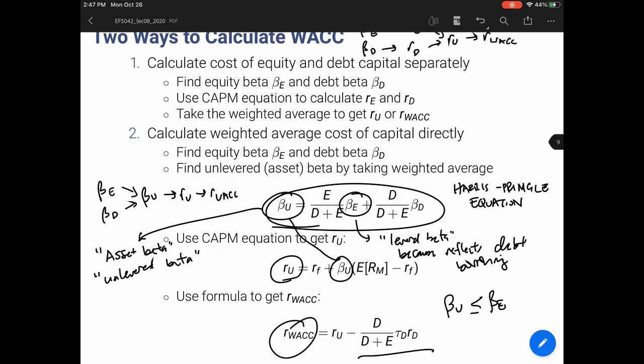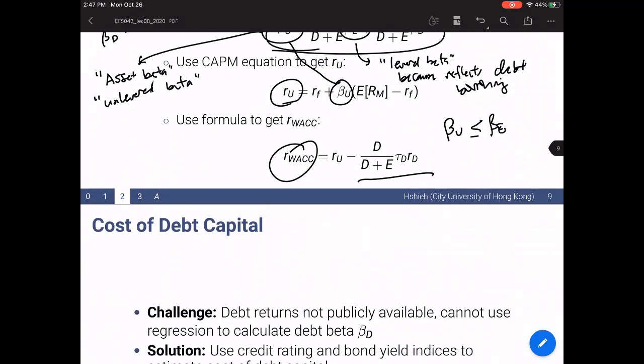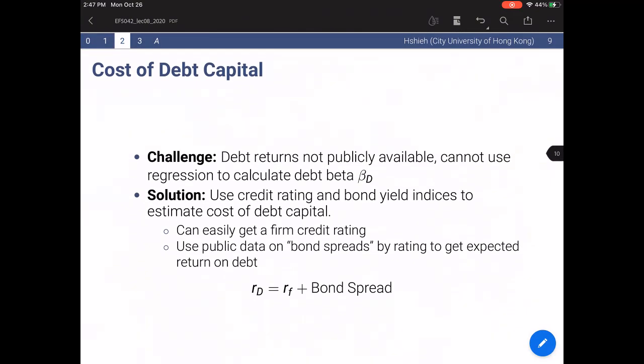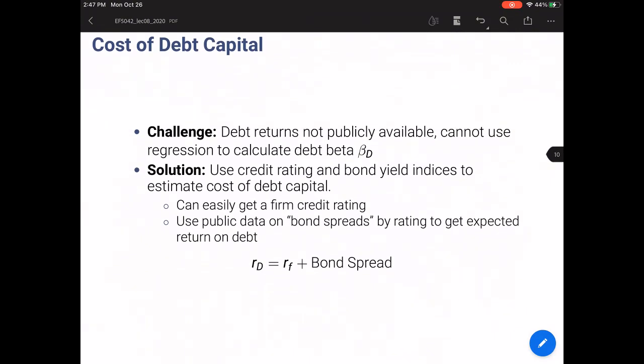That's fine. But let's assume that we are, and so we can take care of that later. What you should notice more importantly is that not all firms have publicly traded debt. And if that's the case, we can't derive beta D.